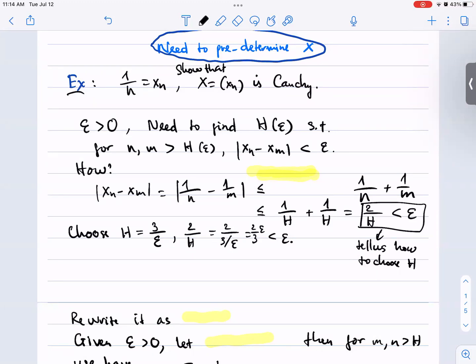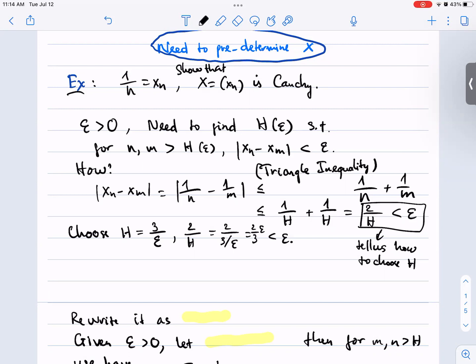How? So |xn minus xm| is exactly equal to |1 over n minus 1 over m|. So by the triangle inequality, this absolute value is smaller than or equal to 1 over n plus 1 over m.